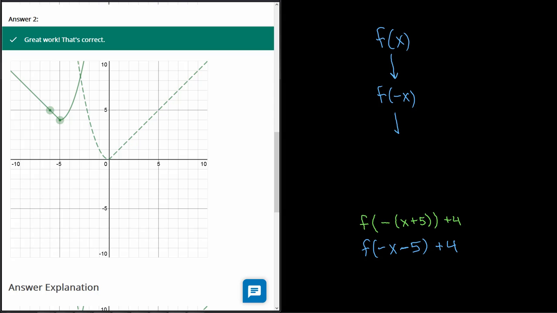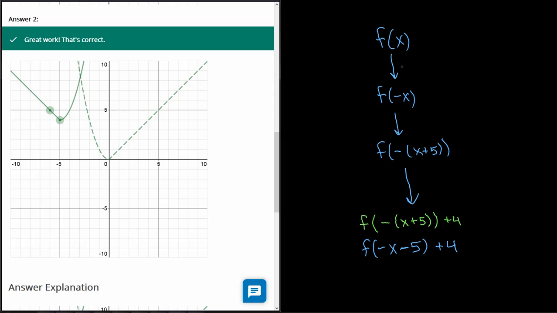Then I need to replace that x by an x plus 5. So I have f of negative, and then the x turns into an x plus 5. Then I take that and add the 4. Now that's algebraically how to get from f of x to what I want.